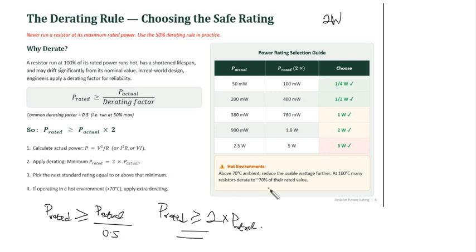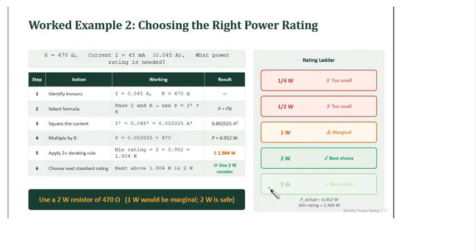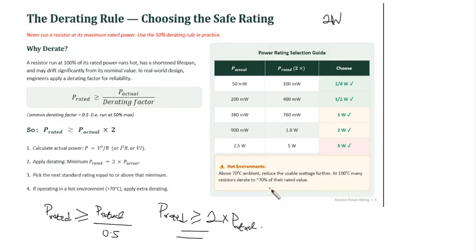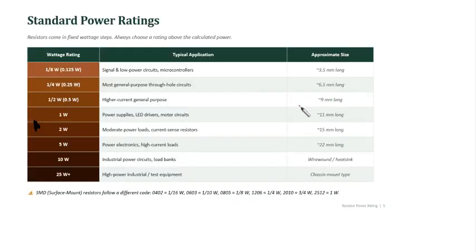I'm going to explain this through an example that we're going to see shortly. What we are saying here is that if what you want to consume in a circuit is maybe 3 watts, for example, by the time you check the table of standard resistor ratings, you're not going to see 3 watts.